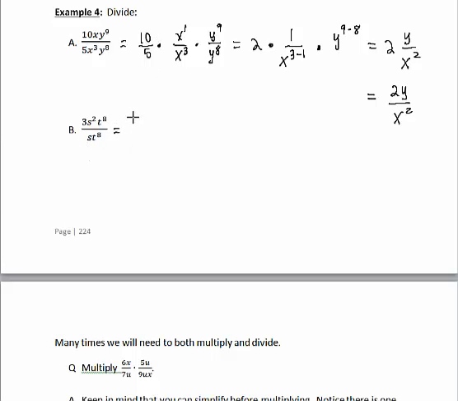With the next one, we can say that the coefficient on the bottom is a 1 because there's no number written in front of the s. It's understood to be a 1. We could group the s's into a single fraction and then the t's into a single fraction.